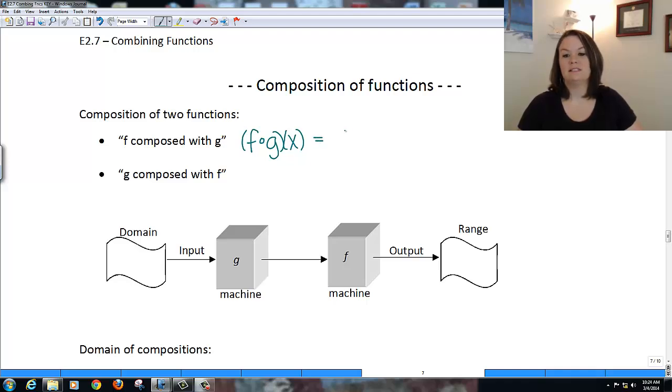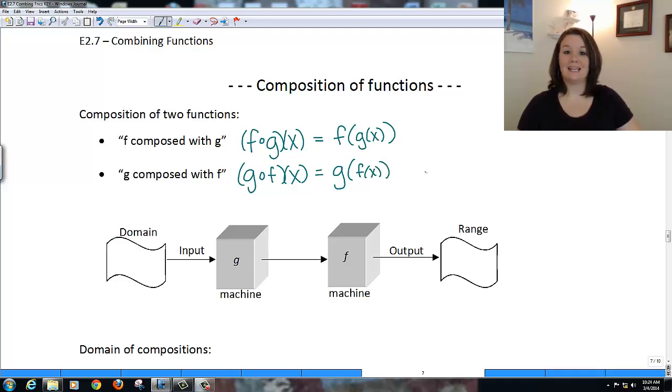So this is the same as f, and we're sticking the g function inside of f. Same thing if we do g composed with f: we're taking our g function and putting f inside of it. Again, f is the closest one to my x here, so f becomes my input. So g is evaluated with f of x as its input.